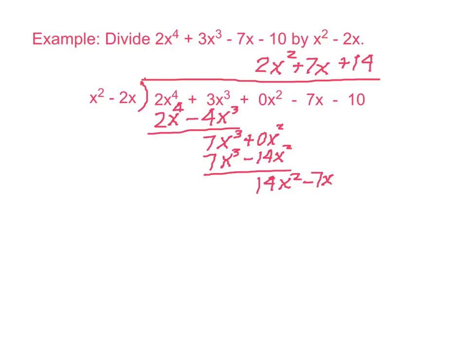Then I multiply the 14 times minus 2x, which is minus 28x. 14 times x squared is 14x squared. Now we subtract. Again, the sign changes, and we get plus 21x. We bring down the minus 10.